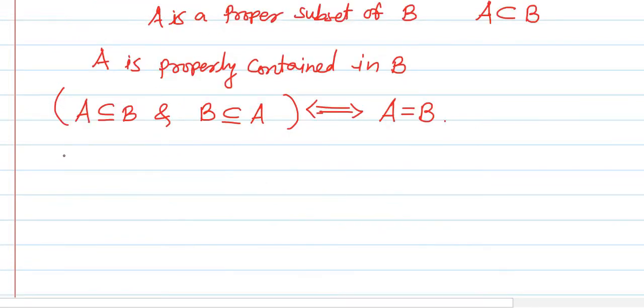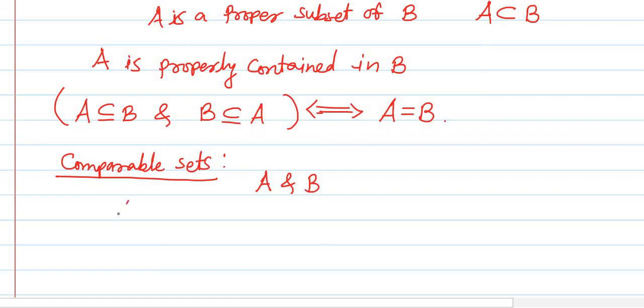Next one is the comparable sets. Suppose we have two sets A and B such that either A is a subset of B or B is a subset of A, then we say that sets A and B are comparable.